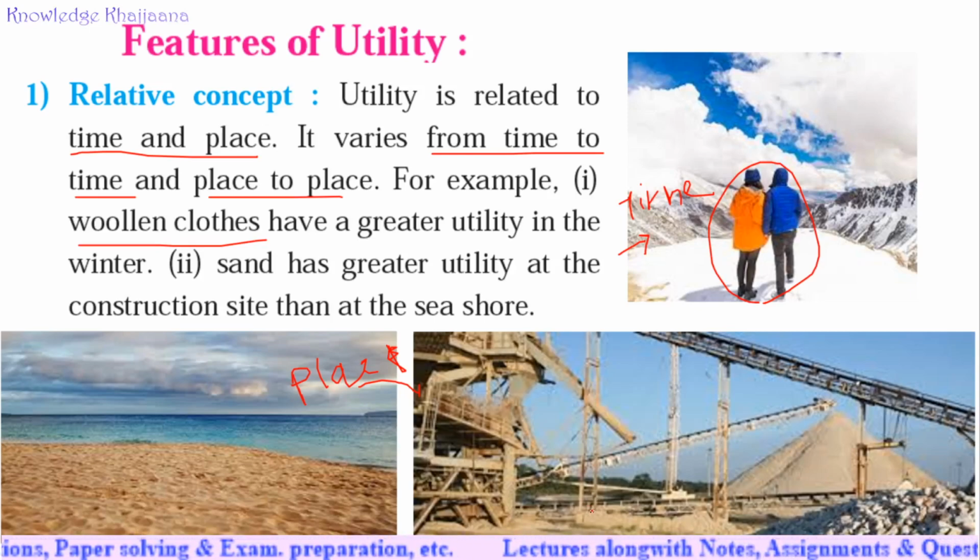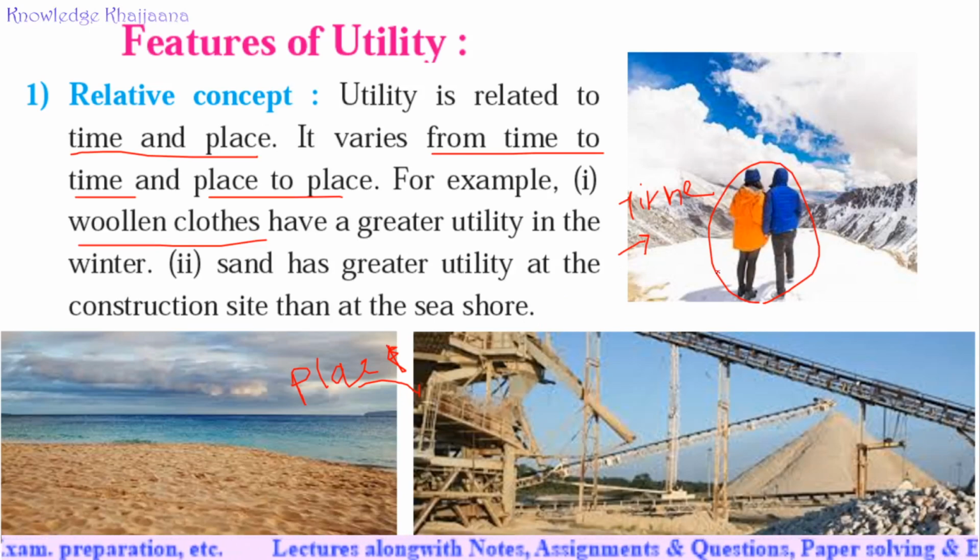Even the same consumer may derive higher or lower utility from the same commodity at different times and different places. What does this mean? Woolen clothes have more utility in Leh Ladakh than in South India. What has been changed?